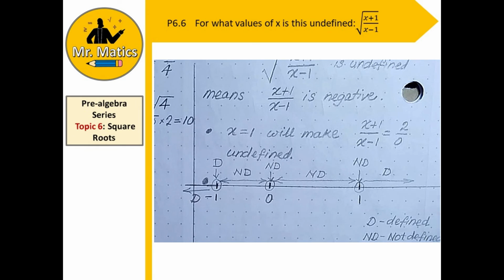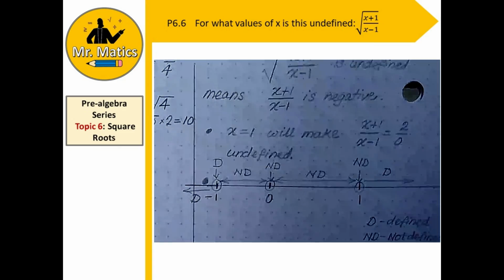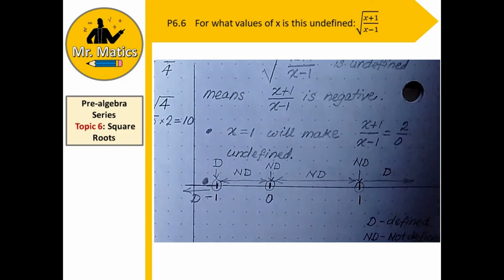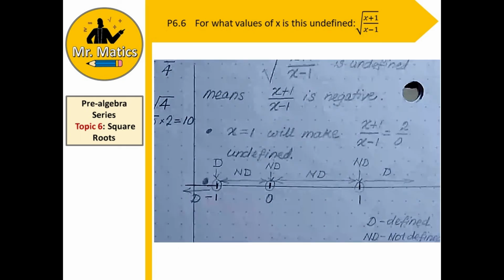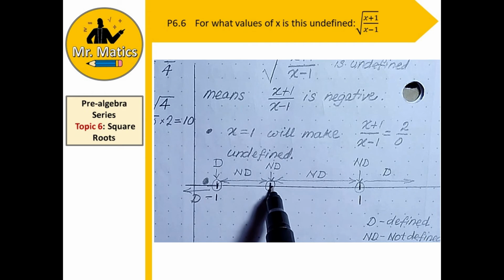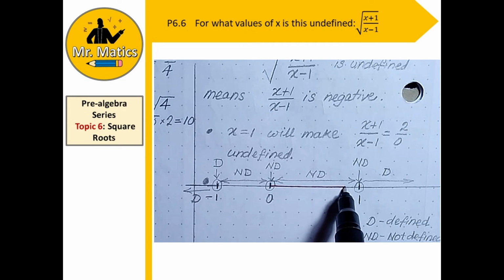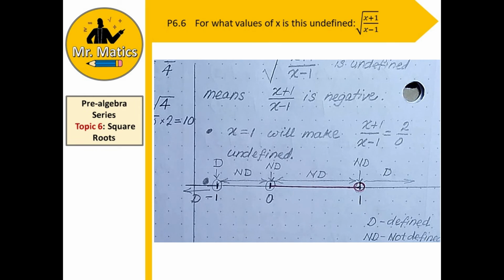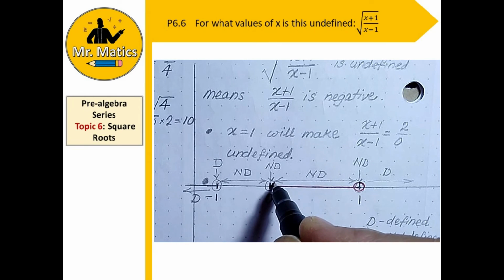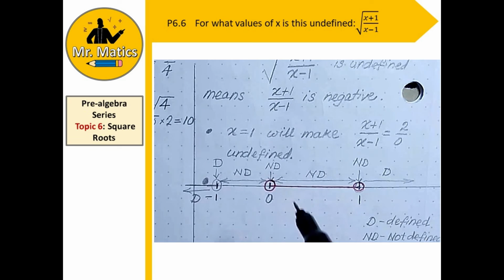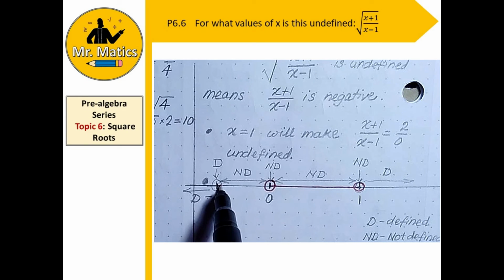So let me use a pen, two colors, that way we can easily see what is defined and what is not defined. So this part is not defined, including here. This part is also not defined, right up to the edge of minus 1.